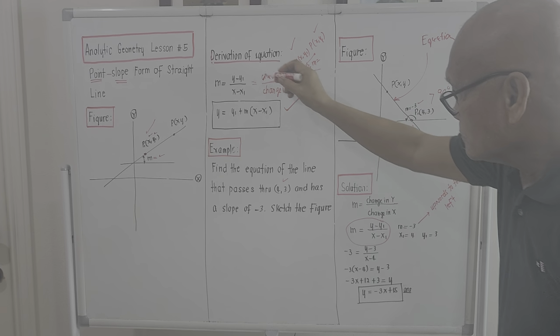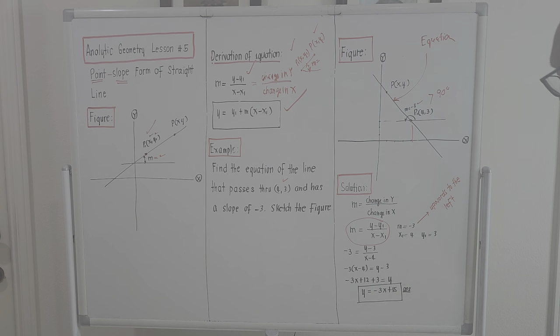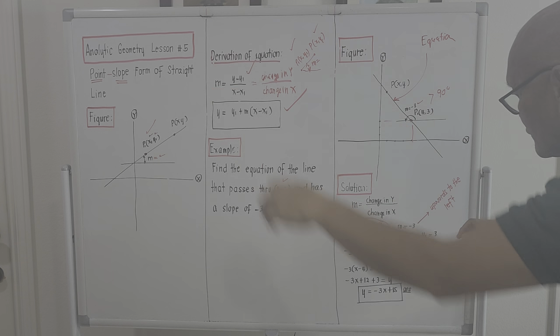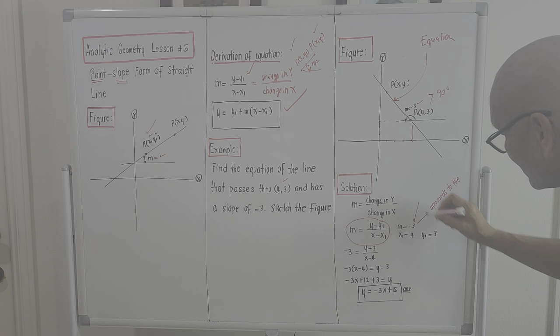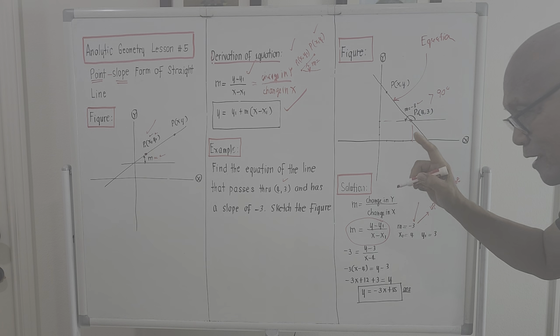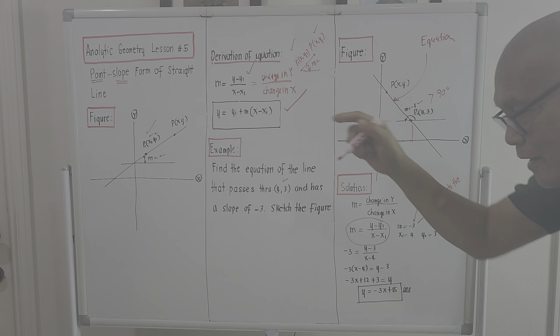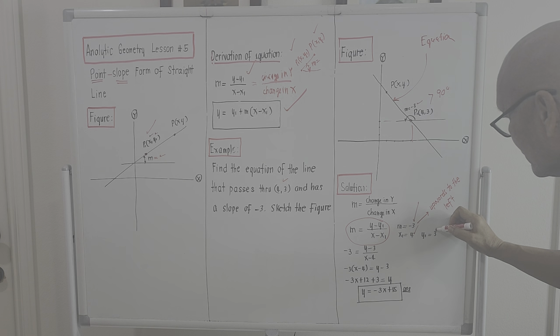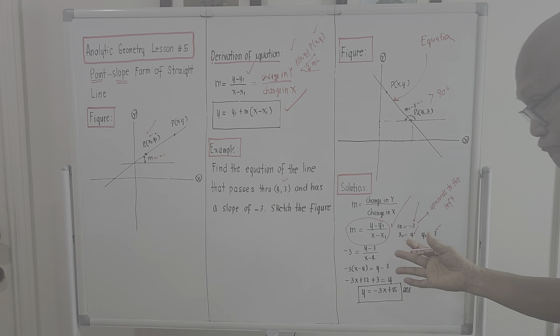Under this lesson, the slope is given, -3. And we are given point P1 on the line, and the coordinates are actually 4 and 3. So by using this equation, we could solve for the equation.